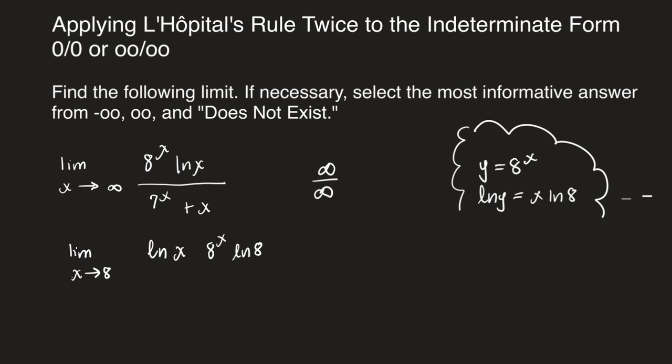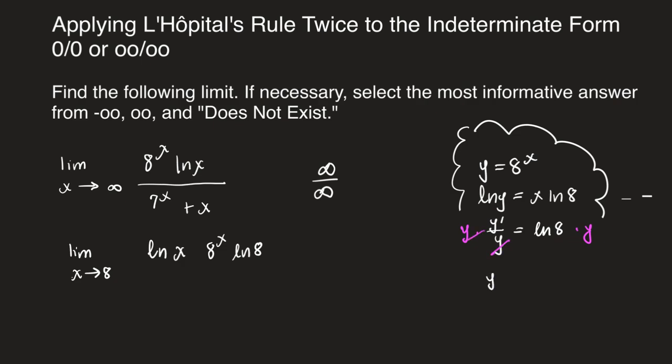We take the derivative of the left-hand side, we get y in the denominator, and then y prime. And then when we take the derivative of x ln of 8, that's just a constant times x. So the derivative is just going to be the constant, which is ln of 8. And then if we want to solve for y prime, we can multiply both sides by y. We'll cancel the y's on the left.